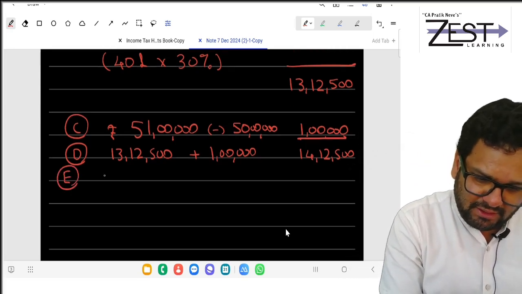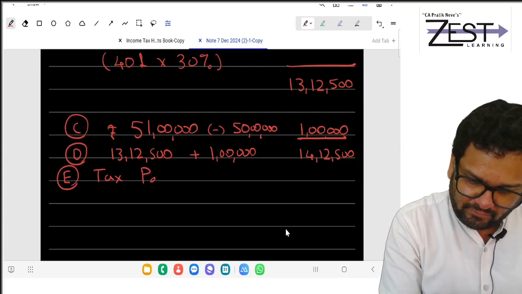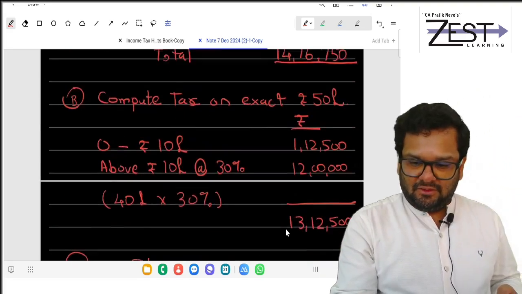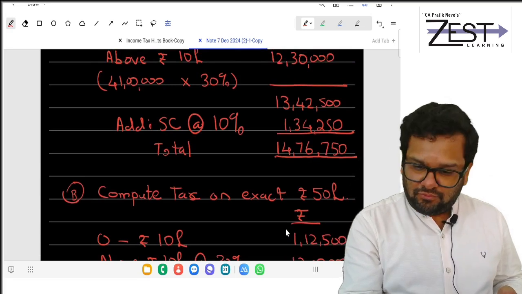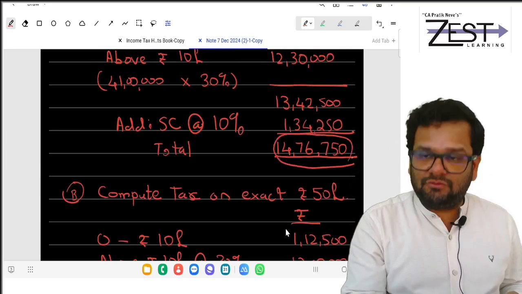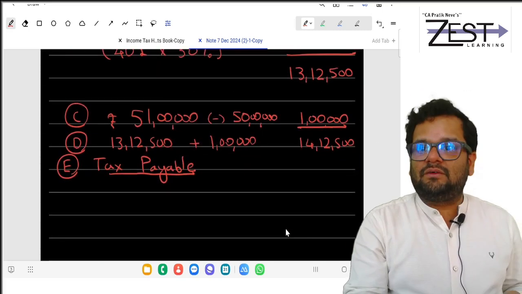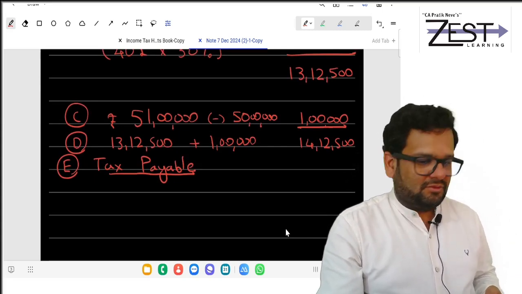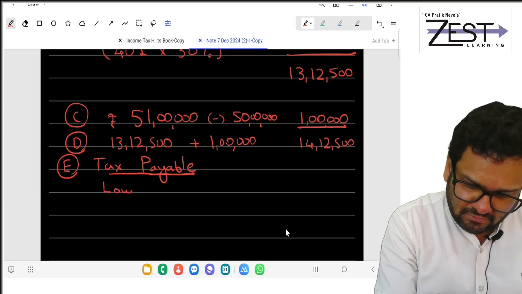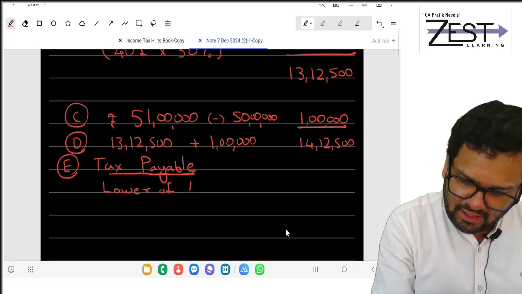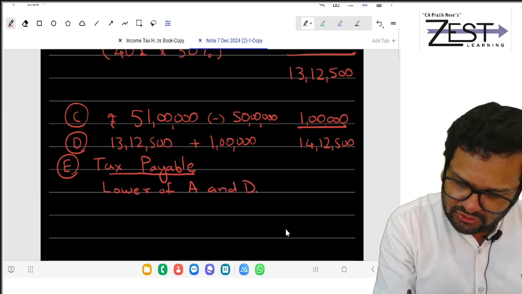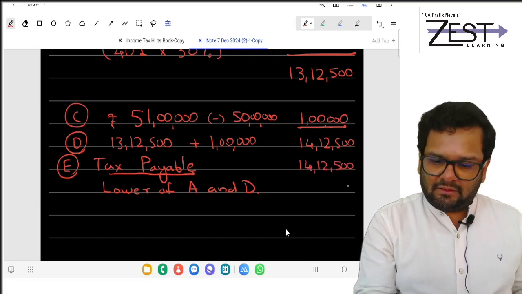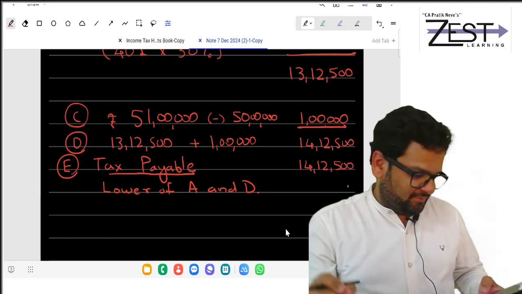Now E step will be tax payable. Tax payable will be lower of A and D. Original means 14 lakh 76,750. Will you like to pay 14 lakh 76,750 or 14 lakh 12,500? So tax payable will be the lower of A and D. What is lower of A and D? 14 lakh 12,500 is lower.